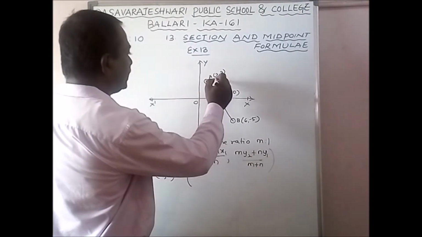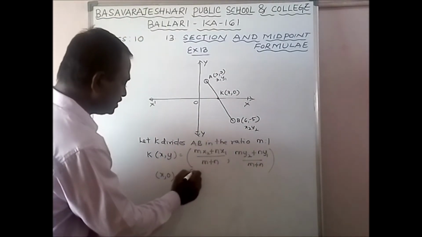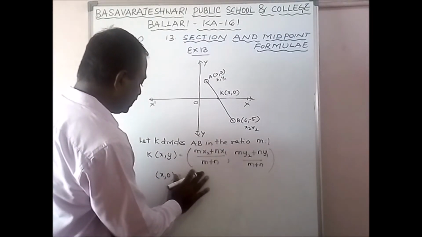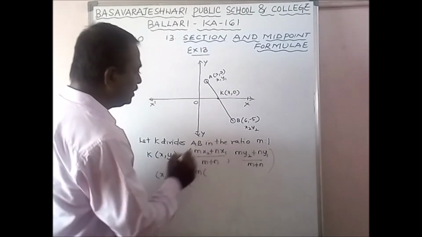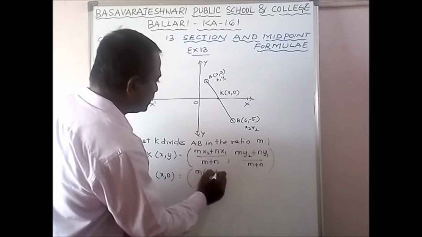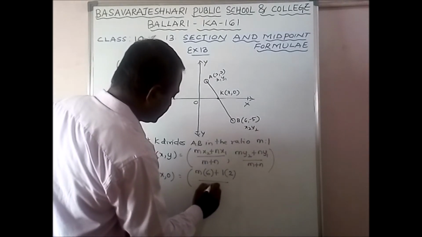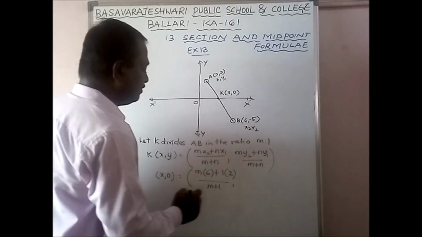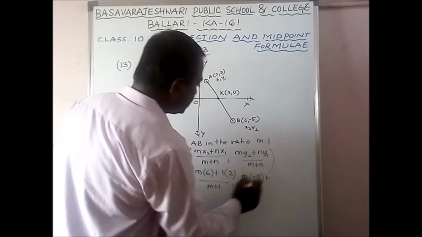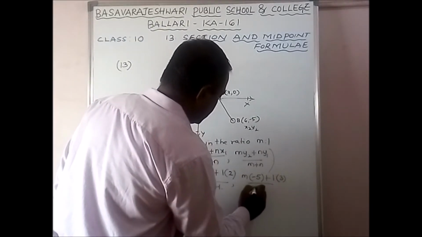I will take A as (x1, y1) and B as (x2, y2). m is m only, because I am taking m is to 1. x2 is 6, plus n means 1 times x1 which is 2, by m plus 1. y2 is -5, plus n means 1 times y1 which is 3, by m plus 1.